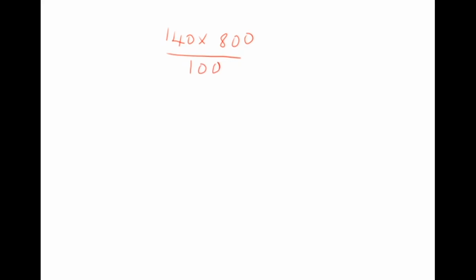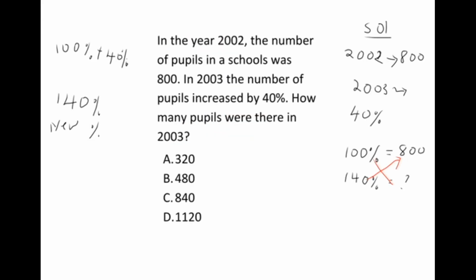Then we simplify. These two zeros cancel with the two zeros up there. Then we multiply 140 times 8. It will give us 1,120 pupils. So the pupils in 2003 were 1,120 pupils. Therefore, our correct answer will be D.